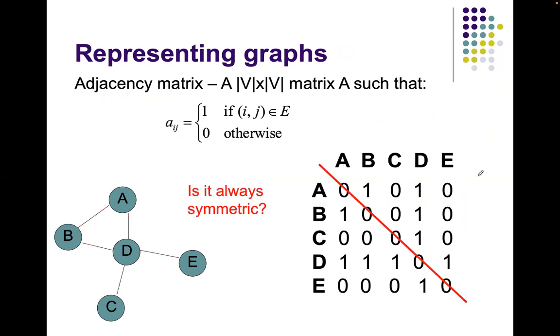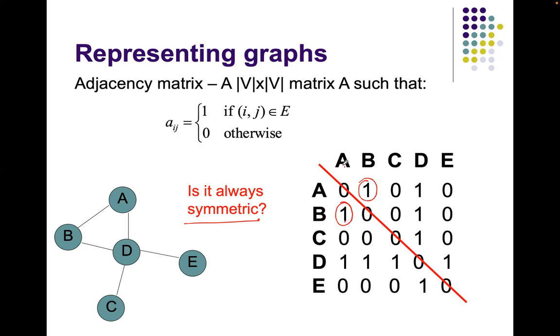Okay, so if we have an undirected graph, it is always going to be symmetric. Because if the A and B value is 1, then the B to A value will always be 1.